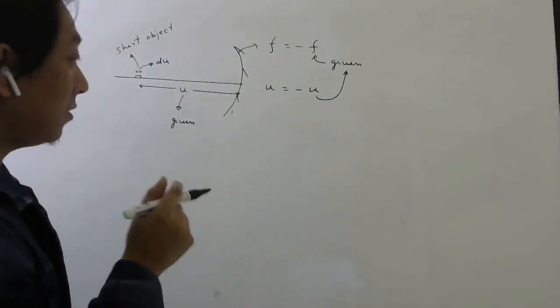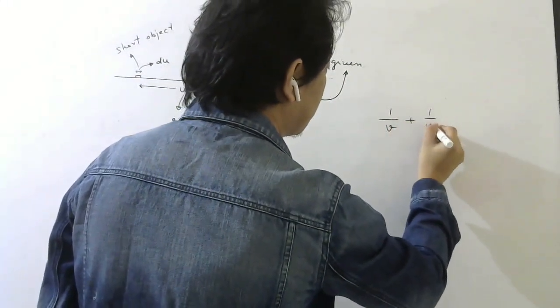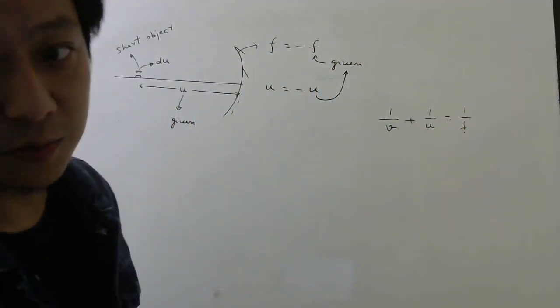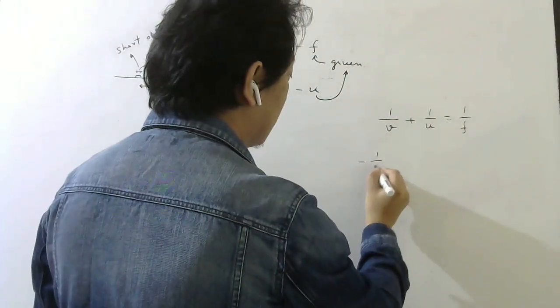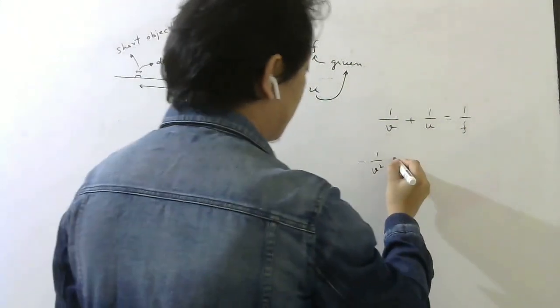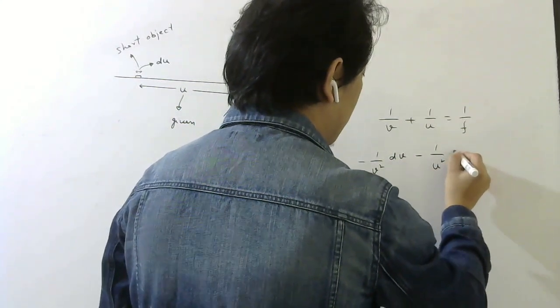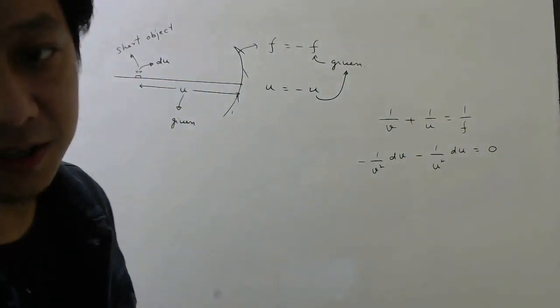So to find dv, the trick is you start with this formula. Then you take differentiation on both sides, which I have done already in the regular class. If you do that, you will get minus 1 by v square dv minus 1 by u square du, and this will be equal to 0 because focal length is constant.